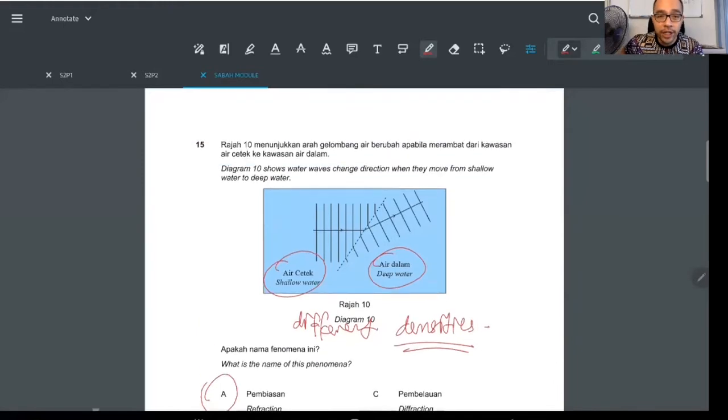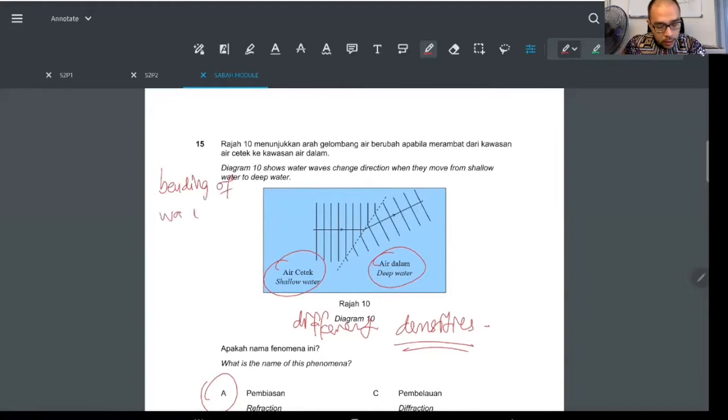Refraction is the definition: the bending of waves when they pass through mediums with different densities.